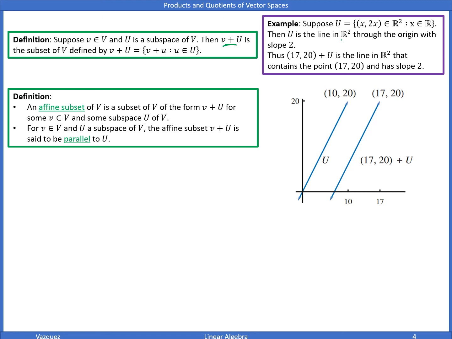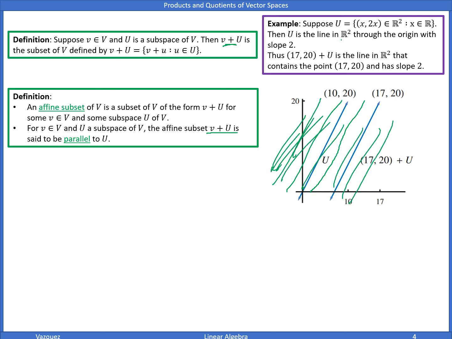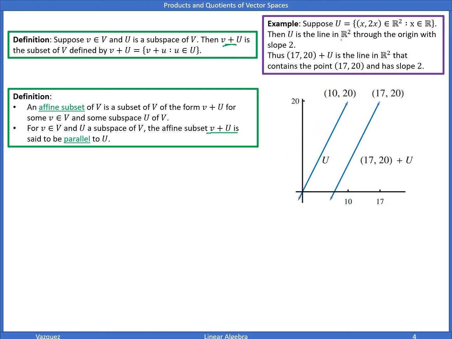All affine subsets are said to be parallel to U. So we could have added another vector and maybe gotten this parallel line and then this parallel line, although my lines aren't that straight. But all the lines, there are infinitely many, are affine subsets and they're all parallel to U.